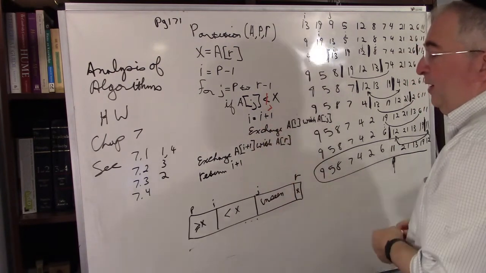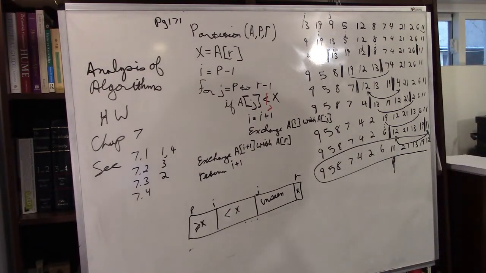Okay, let's go to problem 7.2, number 3. Section 7.2. Show that the running time of quicksort is n squared when the array A contains distinct elements and is sorted in descending order.